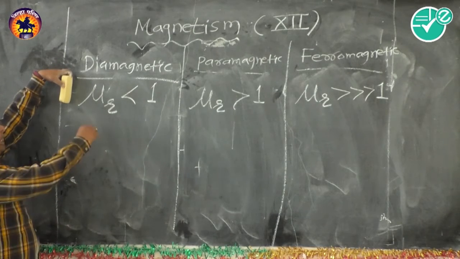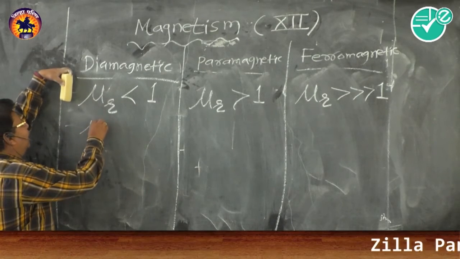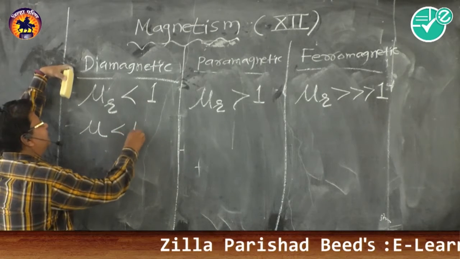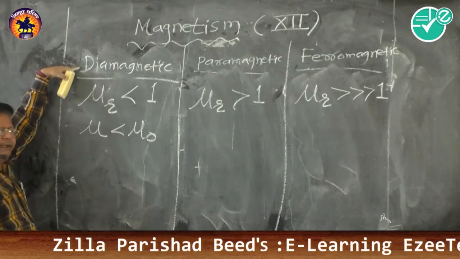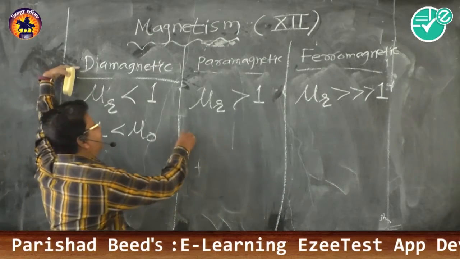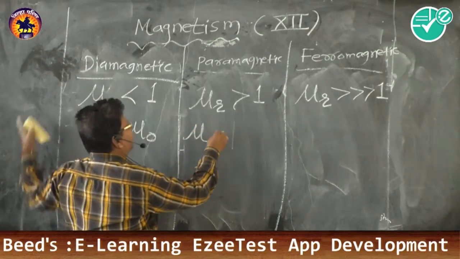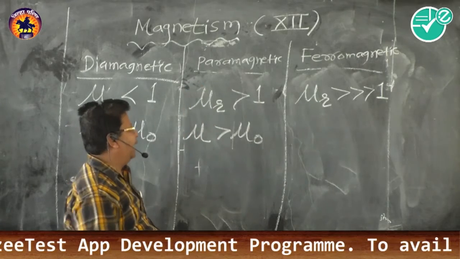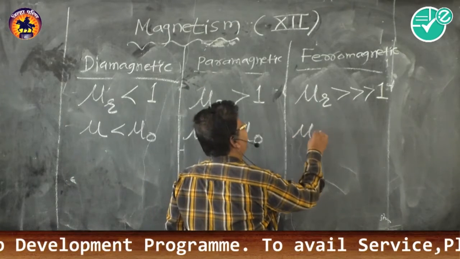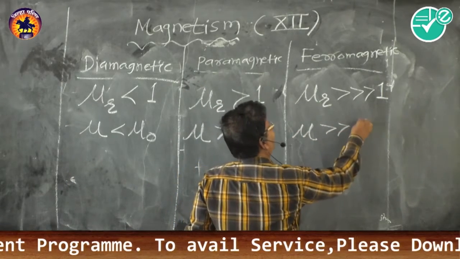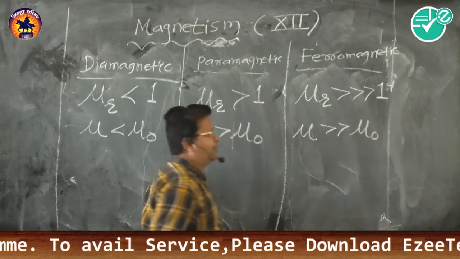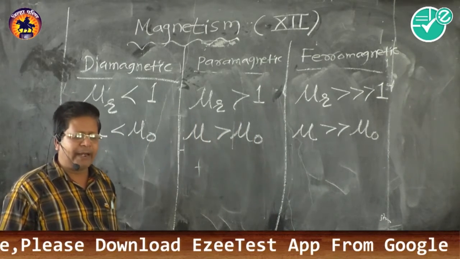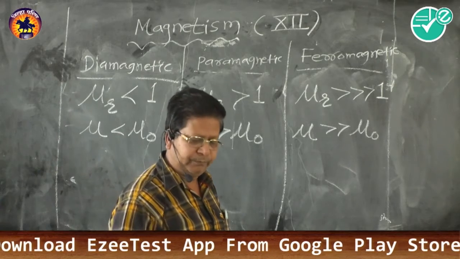In other words, we can write the magnetic permeability mu is less than mu0 for diamagnetic, mu is greater than mu0 for paramagnetic, and mu is much greater than mu0, that means the permeability of free space, in case of ferromagnetic substances.